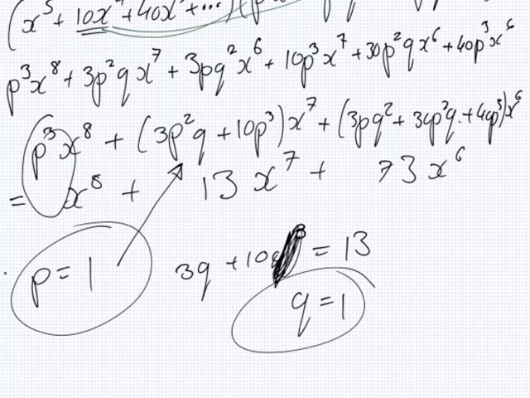Now, if you thought that was hard, wait until we do 5a. I think, yeah, 5a is harder. Did you write this down? 3q plus 10 equals 13.